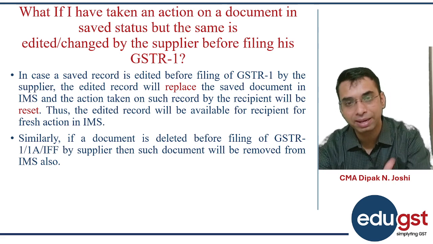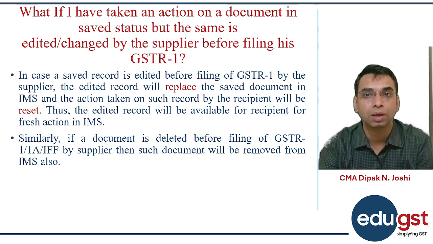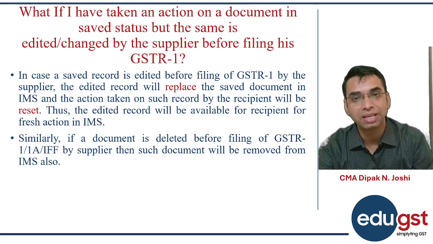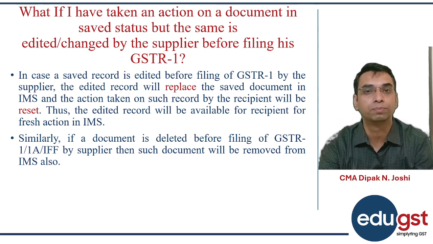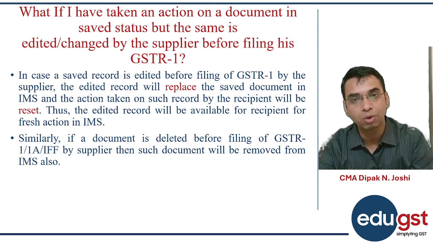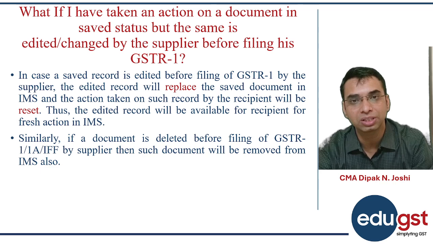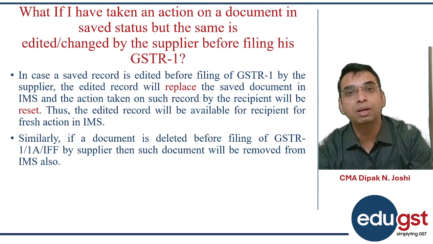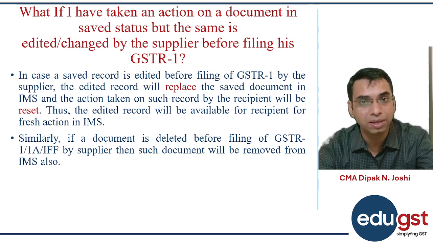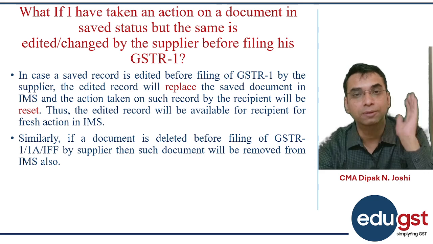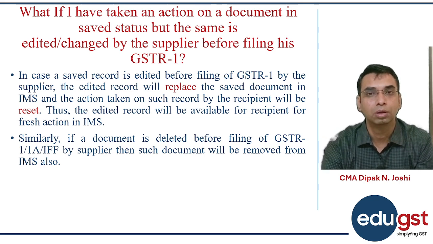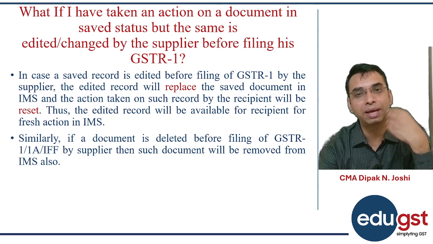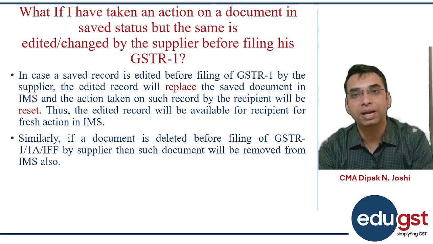GSTR 2B is available after 14th, but the IMS facility is available before 14th also. So once any invoice is uploaded by the supplier on the GST Common Portal, it will be available to the recipient for action. Either I will accept, I will reject, or I will keep that record pending for future action.